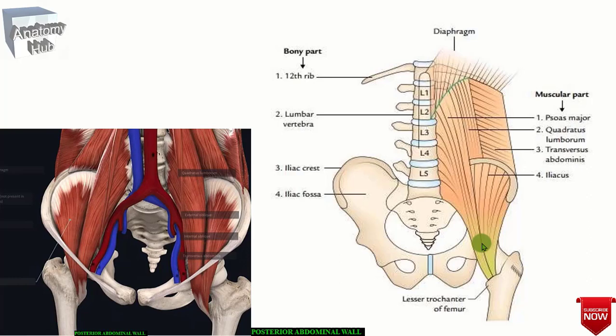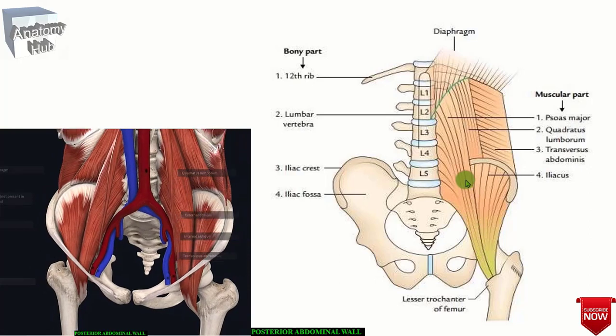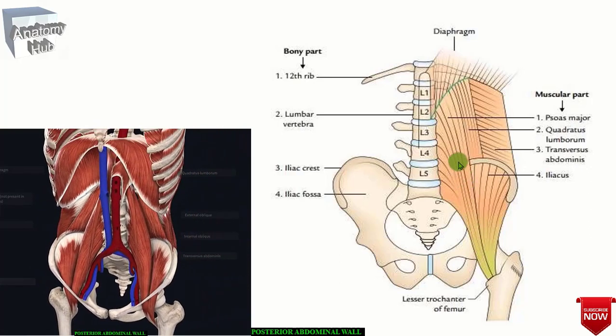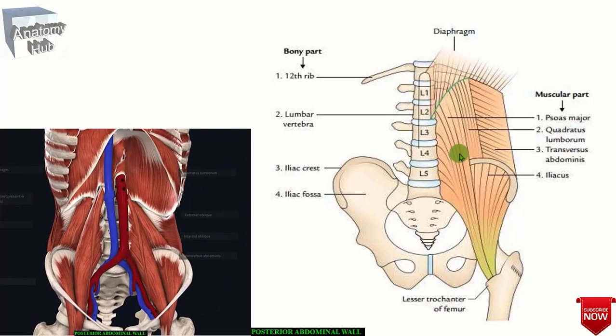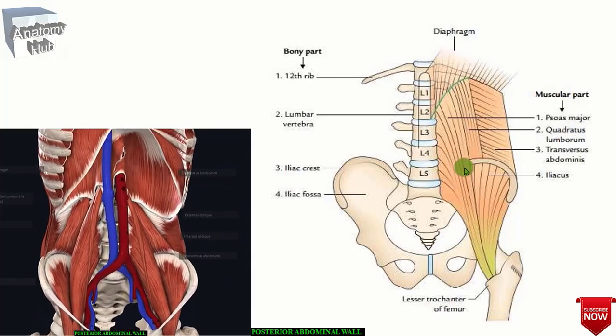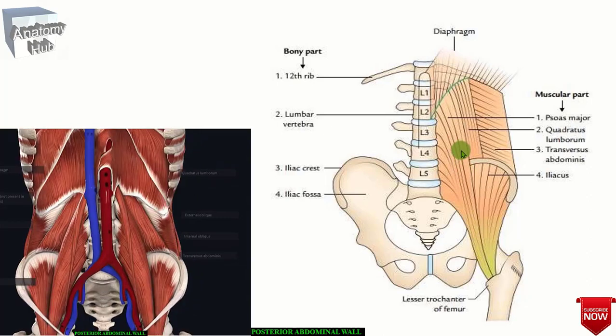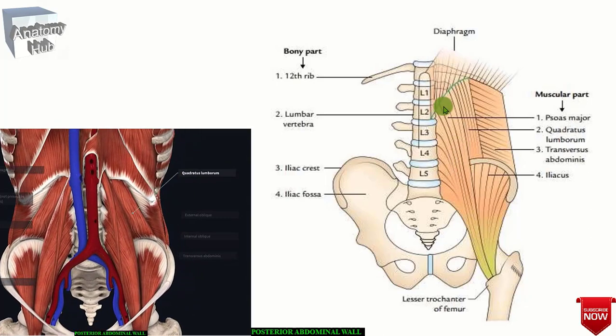Its nerve supply is the L1 spinal nerve, and its action is as a weak flexor of the trunk, because it has a high origin in comparison to the iliopsoas muscle.